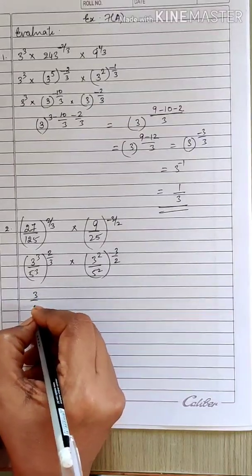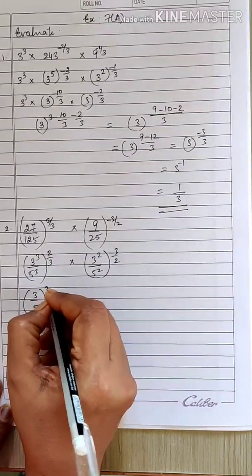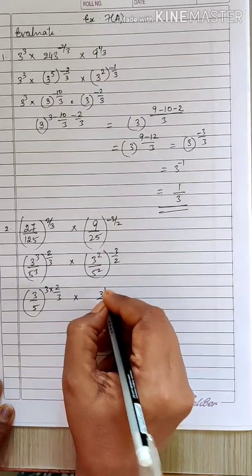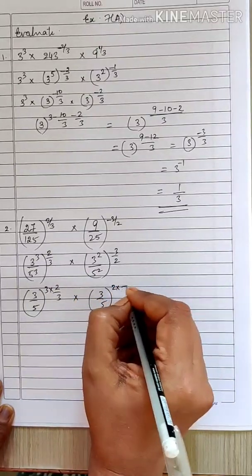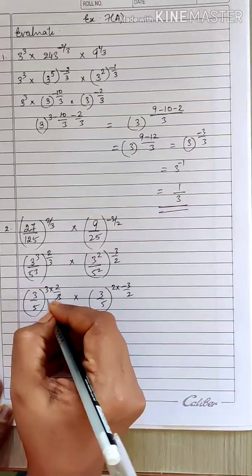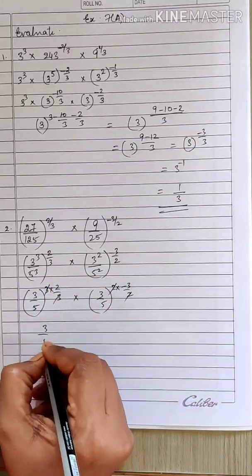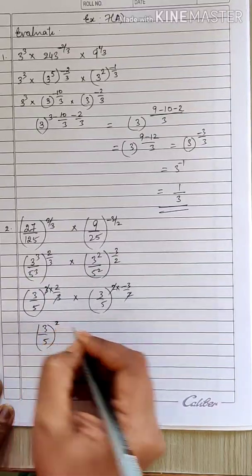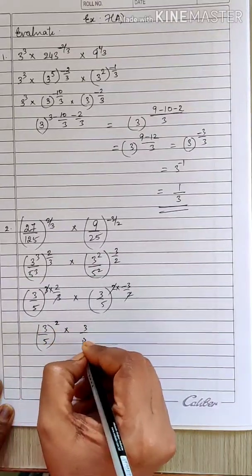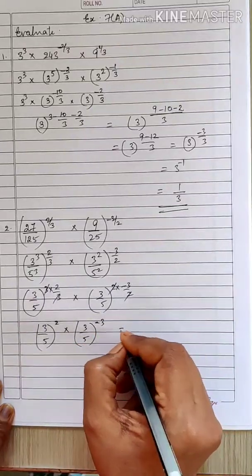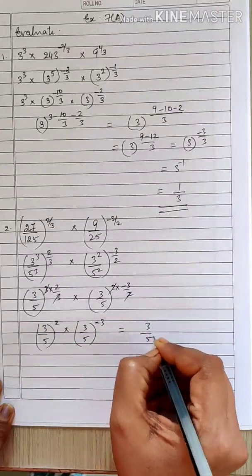So, 3 by 5 to the power of 3 into 2 by 3, into 3 by 5 to the power of 2 into minus 3 by 2. 3 and 3 get cancelled, 2 and 2 get cancelled. So you get 3 by 5 to the power of 2 into 3 by 5 to the power of minus 3.